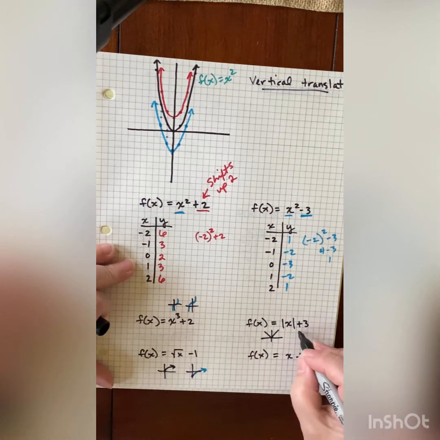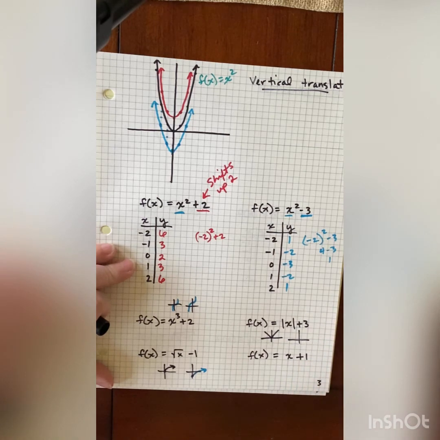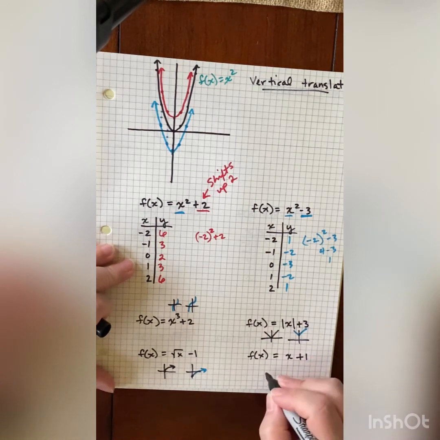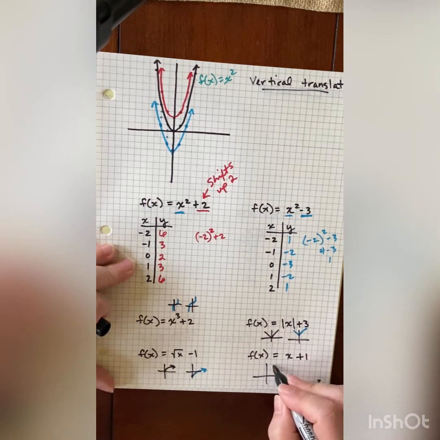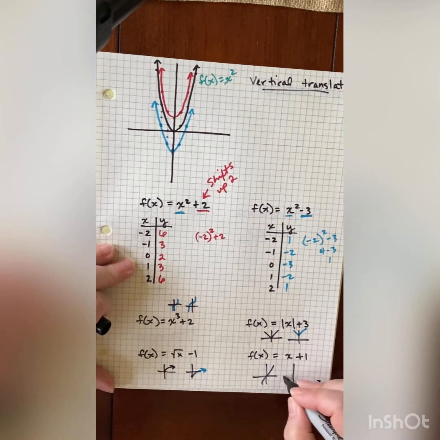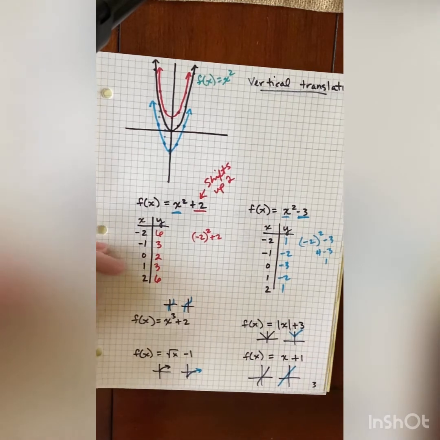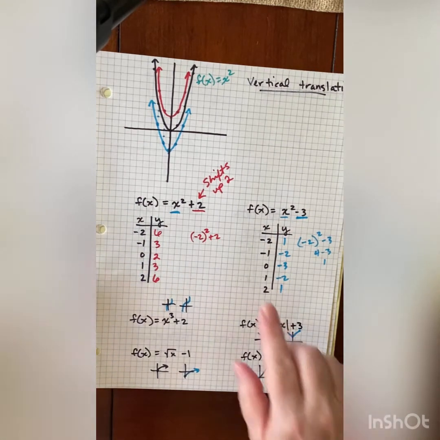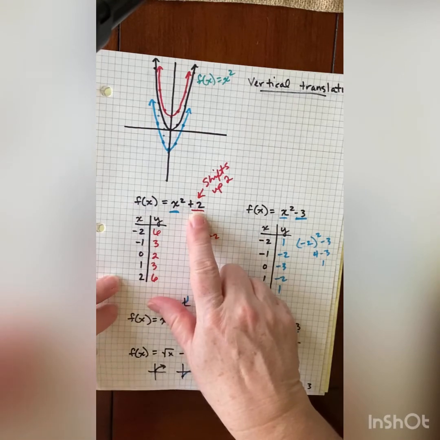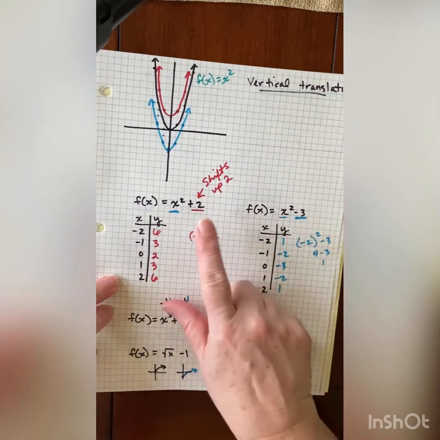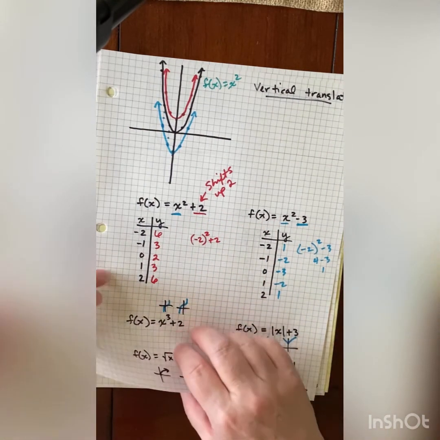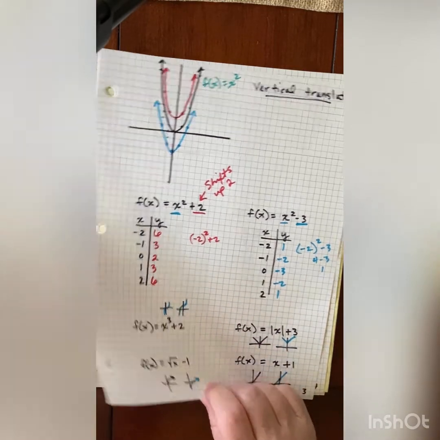Now on this one, it would go up 3 and be a V-shape up there. This one here is our straight line, normally goes like that. Now it said move it up 1, so instead of going through here, it's going to go through here and go like that. If it's tagged on the back, that's the one that does the up or down. That's a vertical translation.